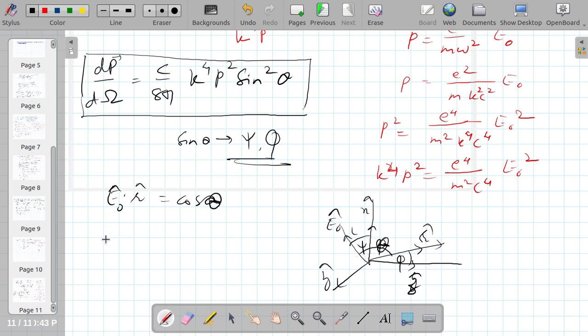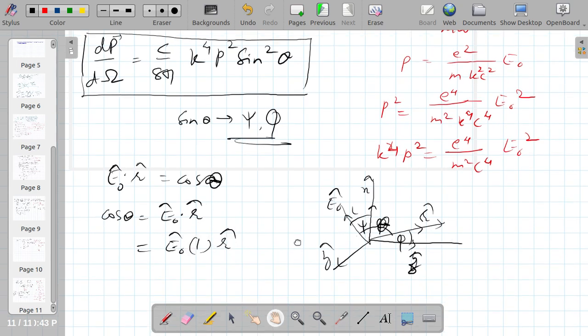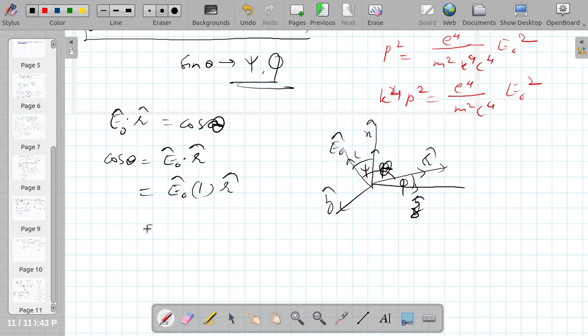So if I express cos of theta, let me multiply here by 1, and this 1 is nothing but x dot x, which is again 1.